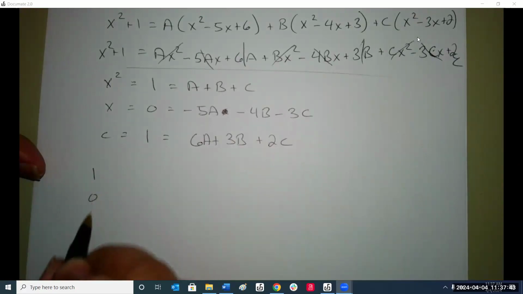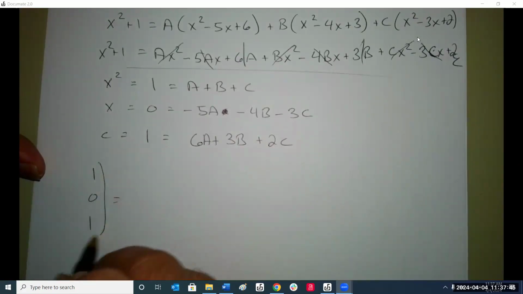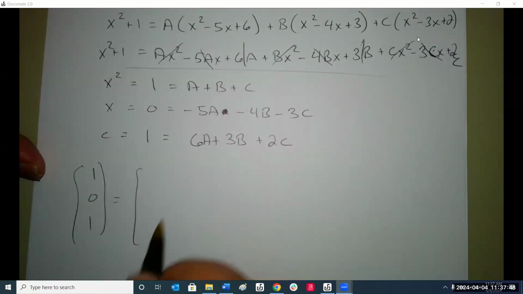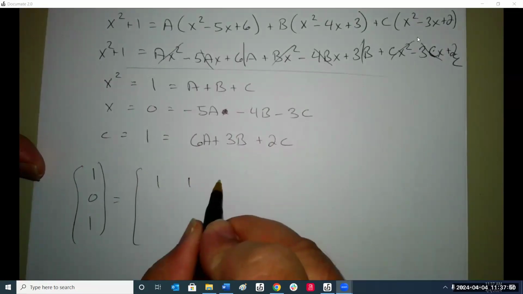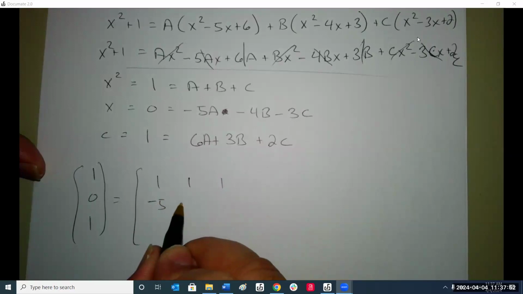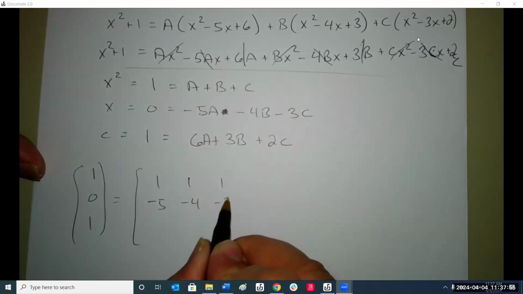So we have 1, 0, 1. Coefficients of 1, 1, 1, and -5, -4, -3.